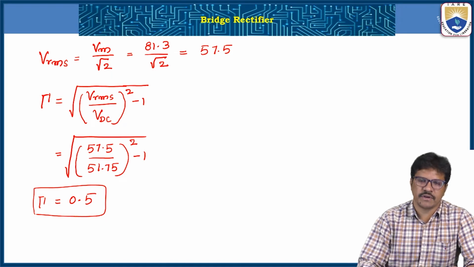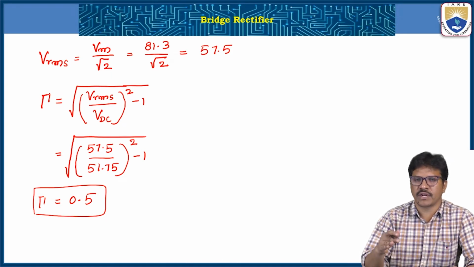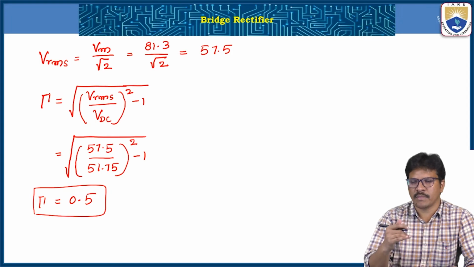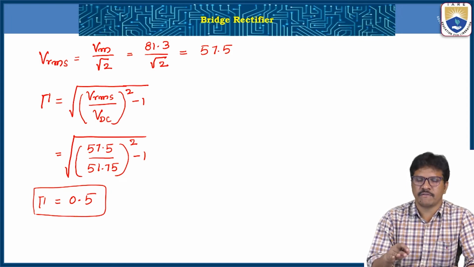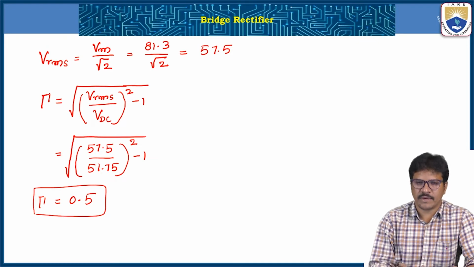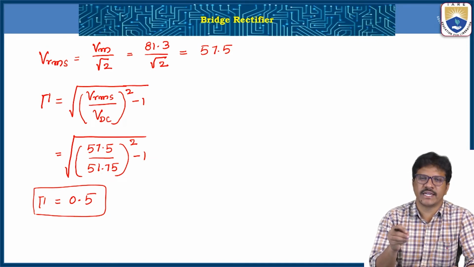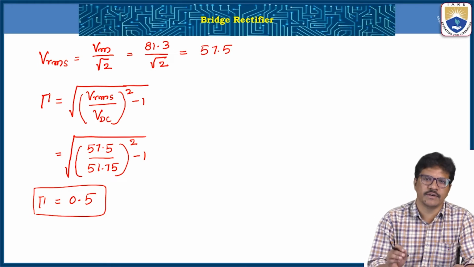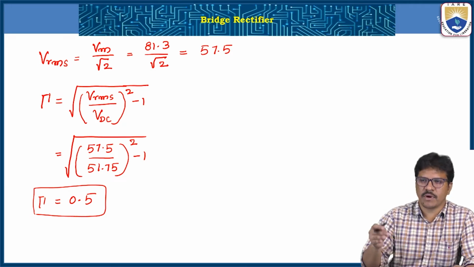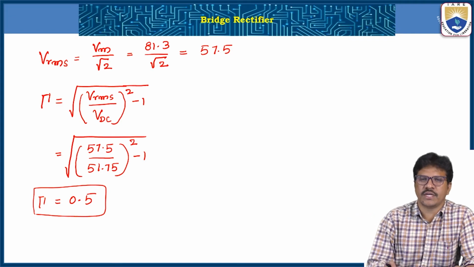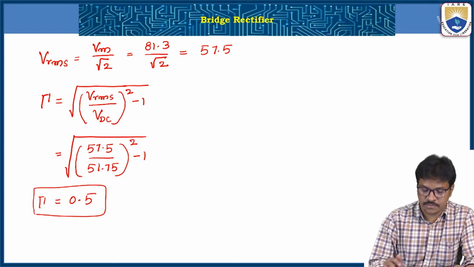What does it mean? Reducing the ripple factor means the AC components present in the rectified output get reduced. Continuing to reduce the ripple factor means continuing to improve the rectified DC voltage across the load.